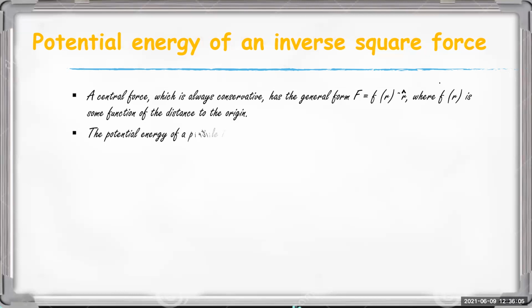Then the potential energy of a particle in a central force can be written as U_B minus U_A, which is equal to minus the integral from r_A to r_B of F dot dr.